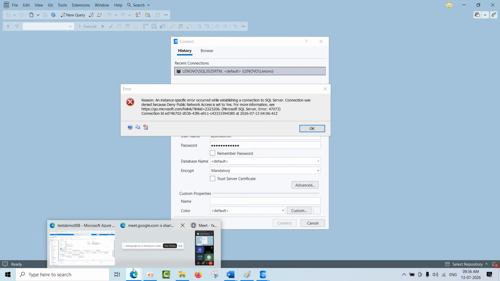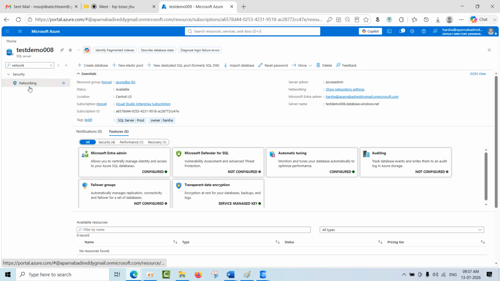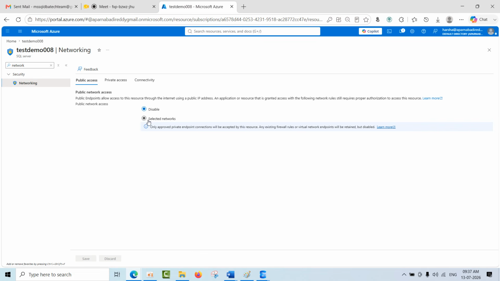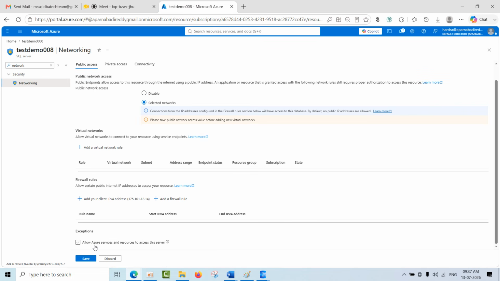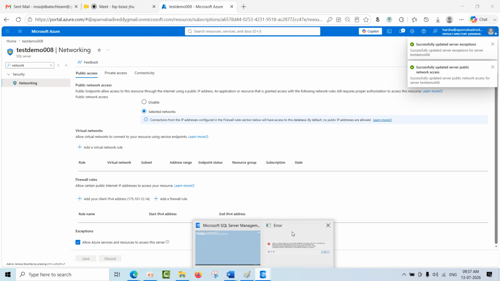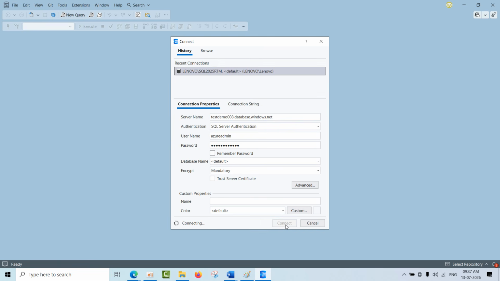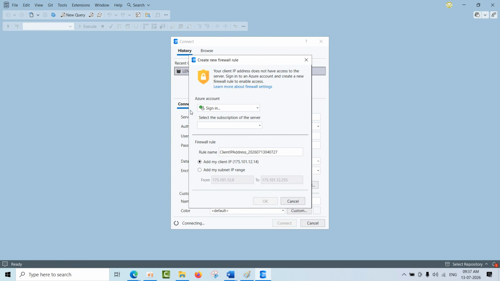To avoid this, since it is a demo, we can go to networking. I selected yes here. Now I will try. This is the error previously. Now the error will be changed. See, it is asking me to add your IP address.